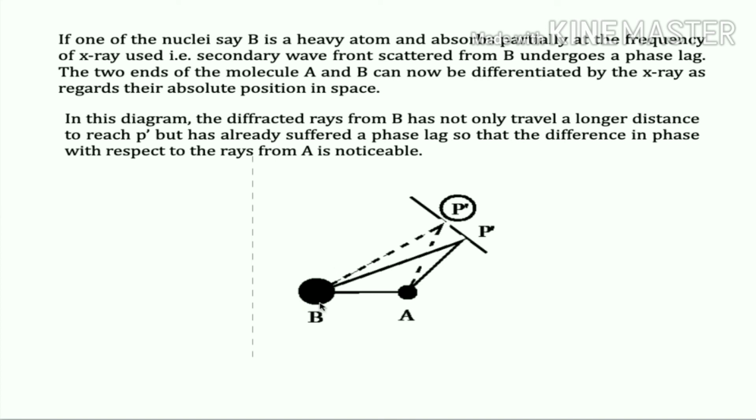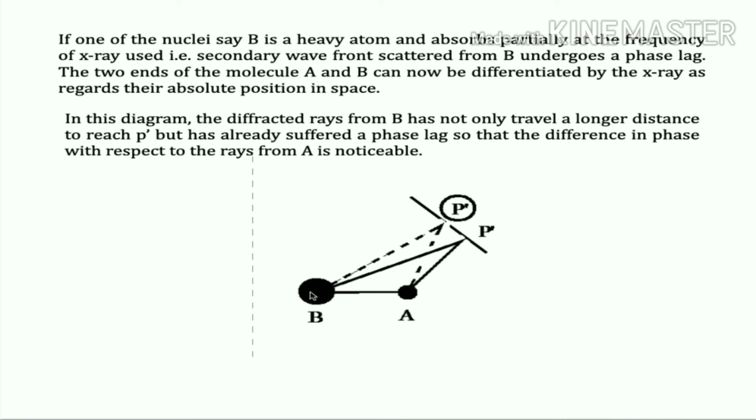So the wave cannot travel at the same phase as that of A. And at the same time, this B atom has to travel a longer distance to reach this photographic plate compared to A. A's distance is smaller, so it is going to reach the photographic plate earliest.